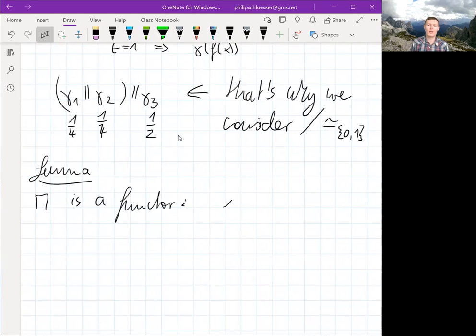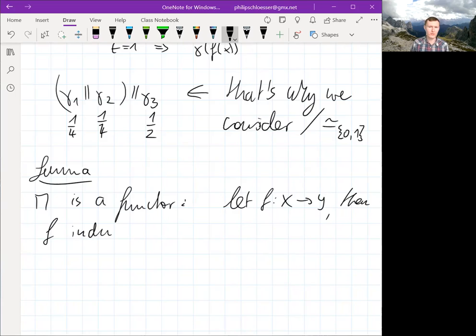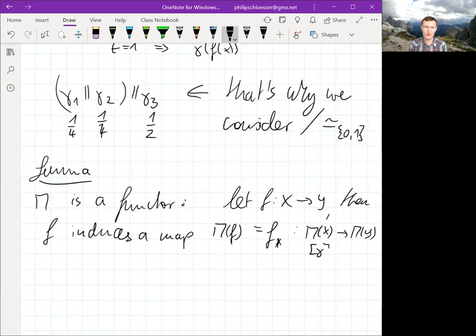Let f be a continuous map between two spaces, then f induces a map of the fundamental groupoids, pi of f, or the push forward of f, between pi x and pi y, just by taking a curve and mapping it to f composed with that curve.